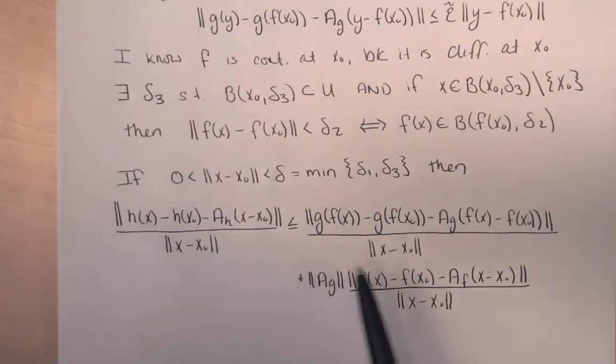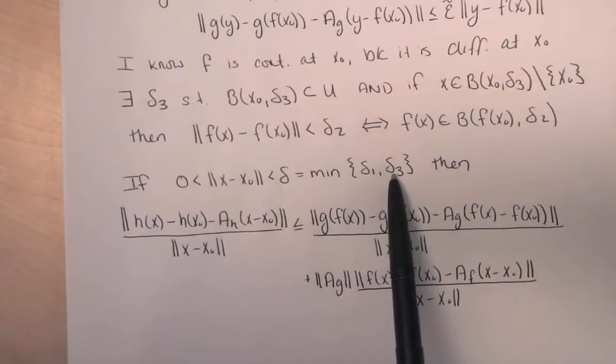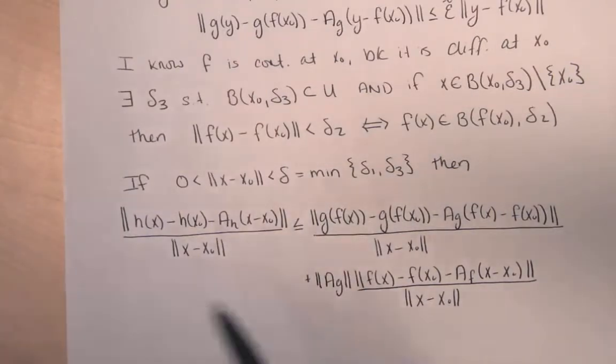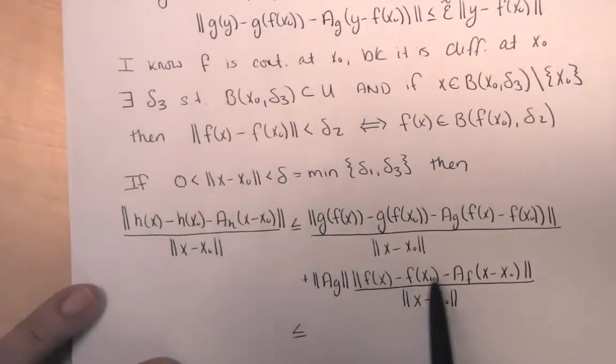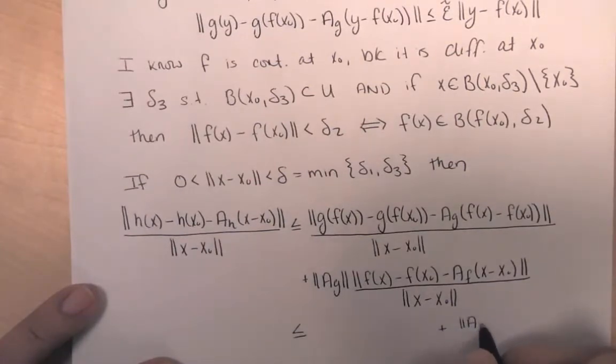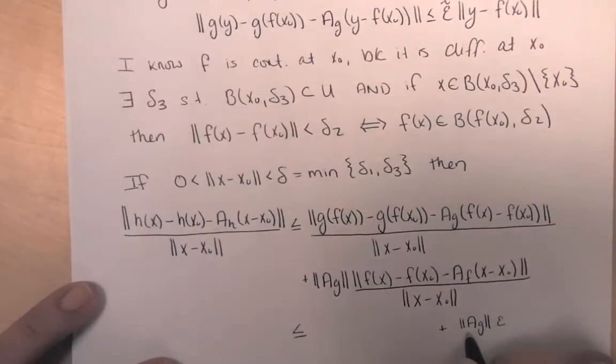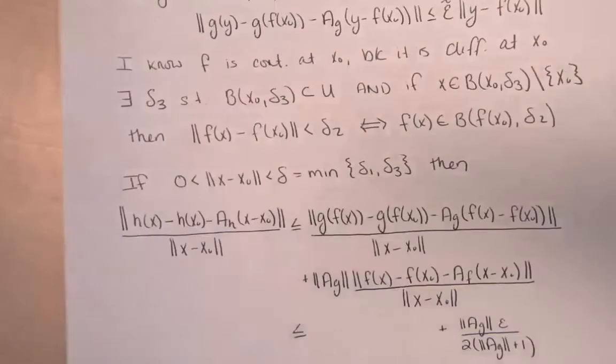So then our quotient can be bounded by this quotient plus this quotient. Okay? Now, if x is within both delta 1 and delta 3 of x naught, then that means this term is less than the norm of this matrix AG times epsilon divided by 2 times the norm of AG plus 1.